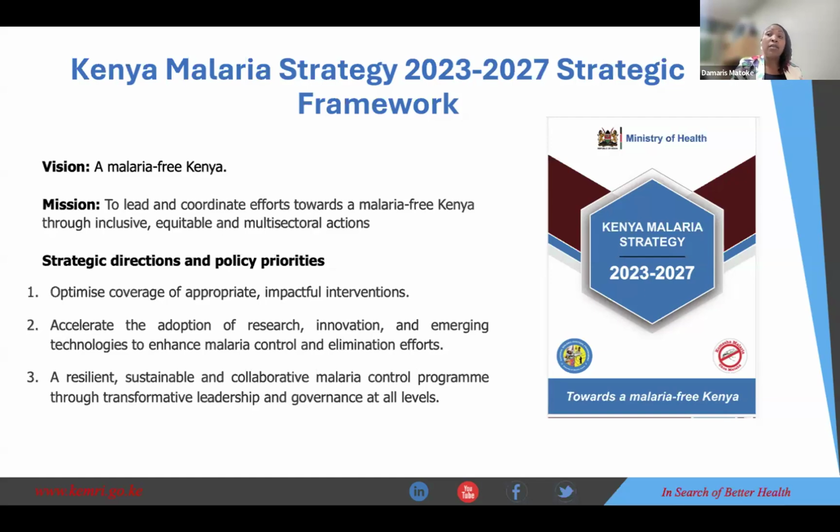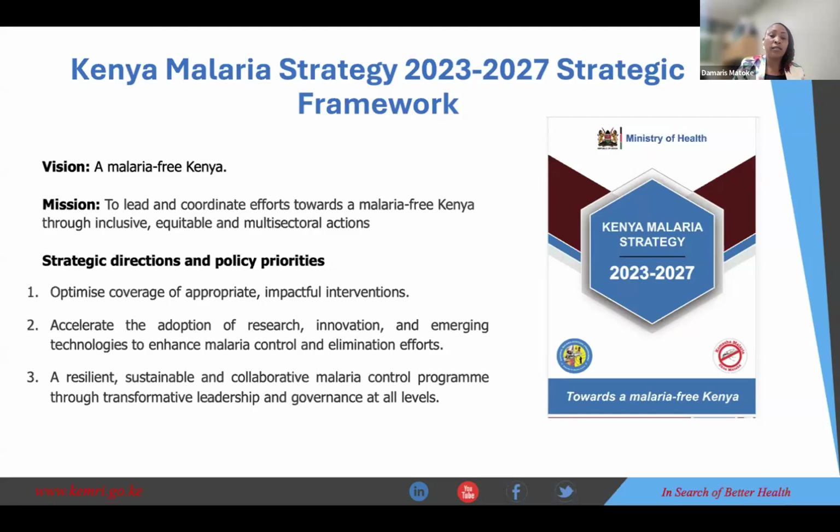The third is to have resilience, because I think resilience is really important in the fight against malaria: a resilient, sustainable, and collaborative malaria control program through transformative leadership and governance at all levels.